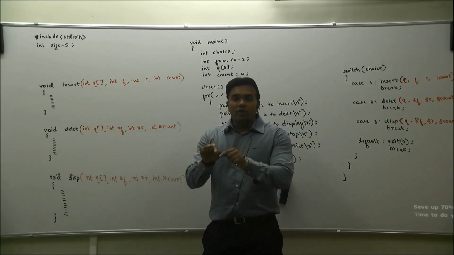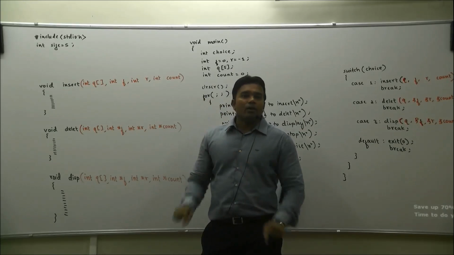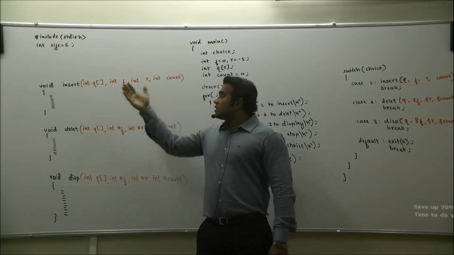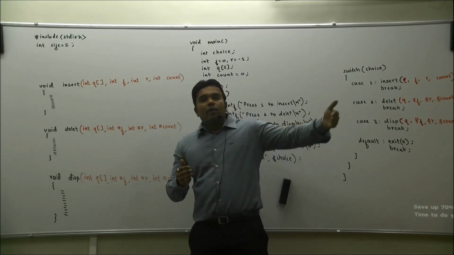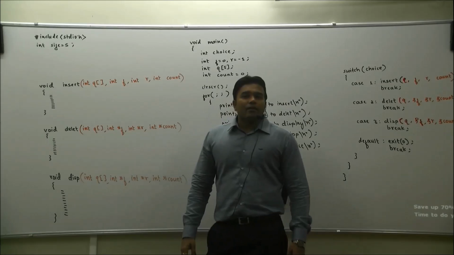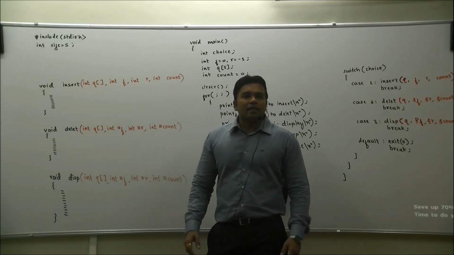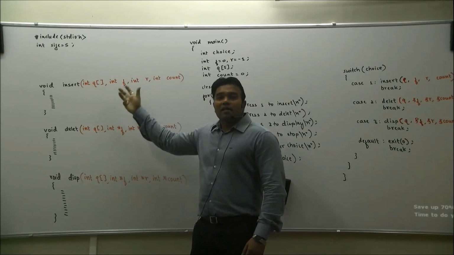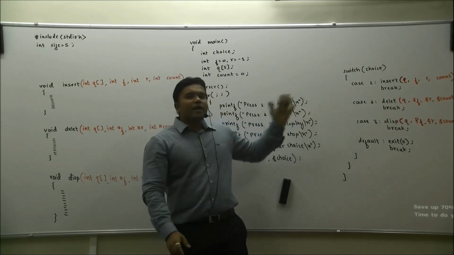Because each time you insert, you will keep incrementing count. Will not my rear value get changed? Because insert is such an operation which will keep on changing the rear value, because insertion always takes place at the rear end. With that being the case, whatever changes occurs here should get reflected back here.